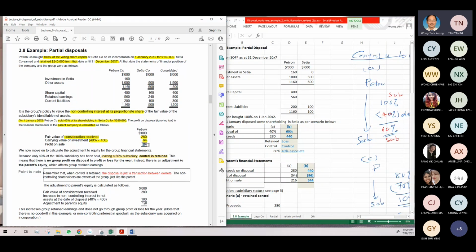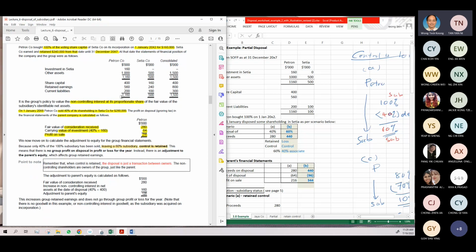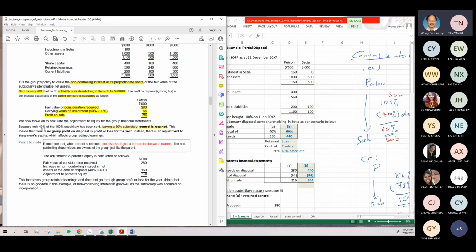So the difference, 216, is profit on the sale of subsidiary at parent book, at Petrol company, not at console. Because only 40% of the 100% subsidiary has been sold, leaving 60%, control is retained.